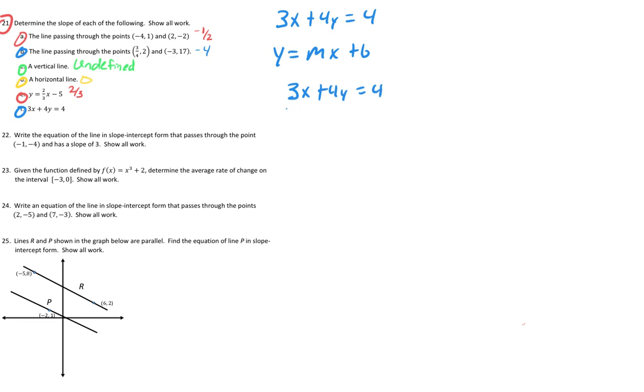Going to subtract 3x from both sides. And then we are going to divide by 4. Now that we're in slope-intercept form, that term in front of the x is our slope.